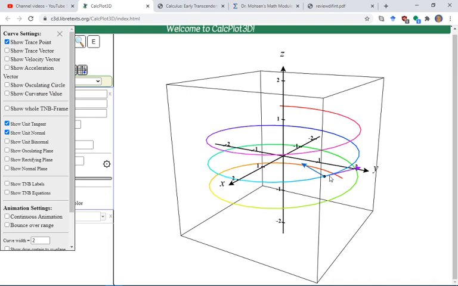So you see kind of a bold dot here that's tracing the point, and I could ask, for example, for velocity, acceleration, and so on. I could ask for the unit tangent vector. Let me take that thing off. So the purple one is the unit tangent vector, and this blue color is a unit normal vector.